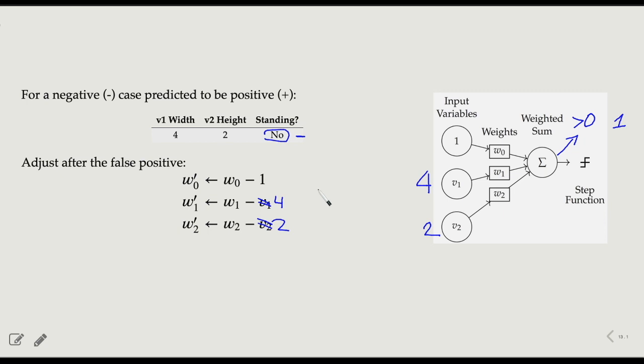In the false positive case, when we make a misclassification, because the actual class is negative, the width is greater than height. So when we take away the weights, we take more away from W1 and take less away from W2.